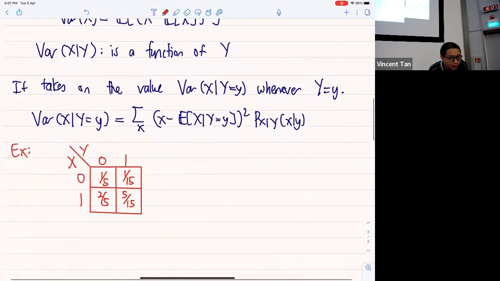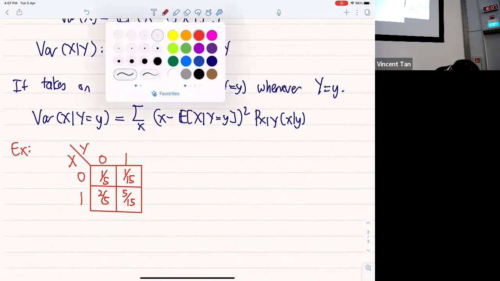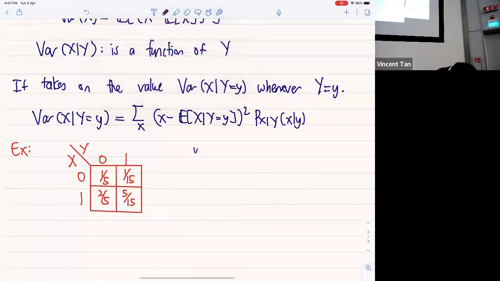So how do we compute the conditional variance given y equals y? How many y's are there available to us? There are only two, y equals 0 and y equals 1. Say I'm interested in conditioning on y equals 0.